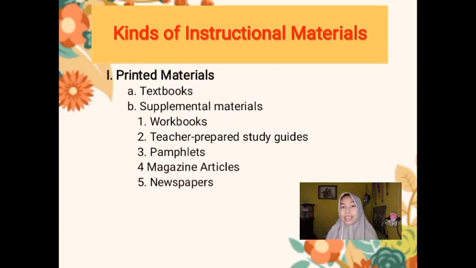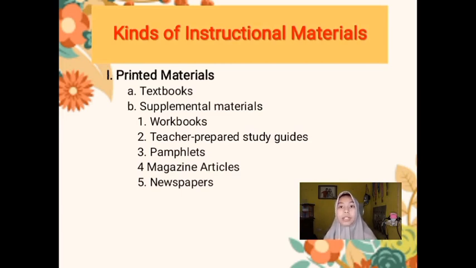There are 8 kinds of instructional materials. The first is printed materials. According to Collins Dictionary, printed material is material that has been printed or published. Printed materials are divided into 2 types. The first is textbooks.